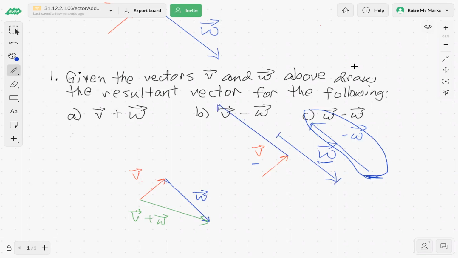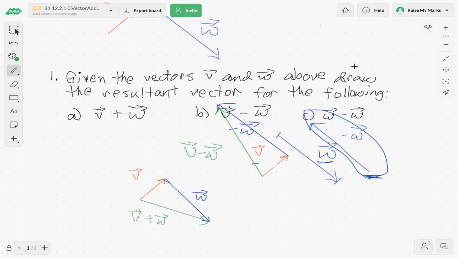We put the arrow at the end. That's our negative w. And now our resulting vector starts at the tail of v and goes to the head of negative w. This green vector is our v minus w.